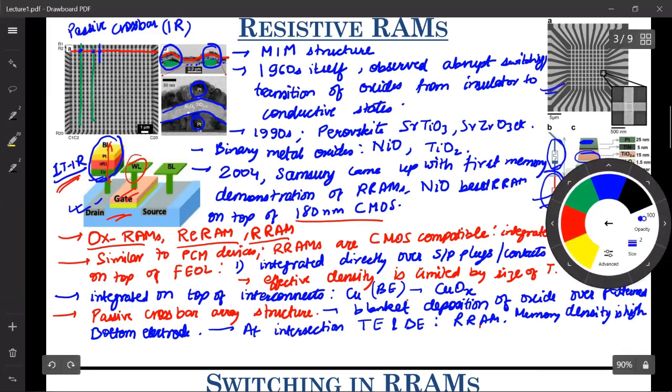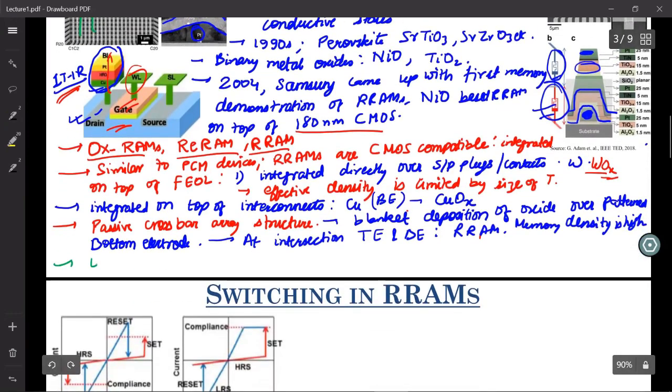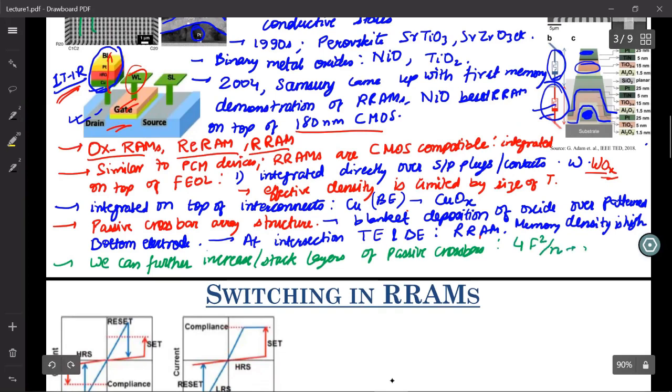And this came from my postdoc group. So let me write that. We can further increase or stack layers of passive crossbar, and that way we can reduce the cell size further to 4F² by n, where n is the number of layers.